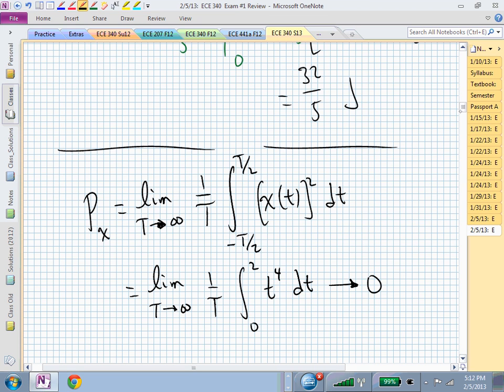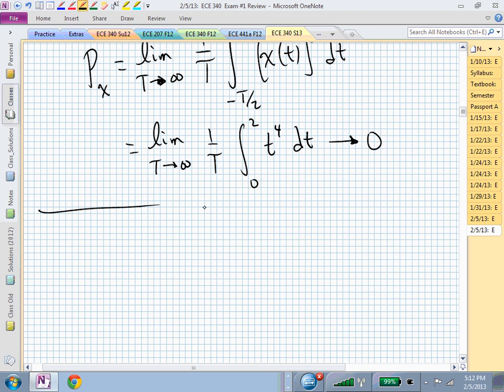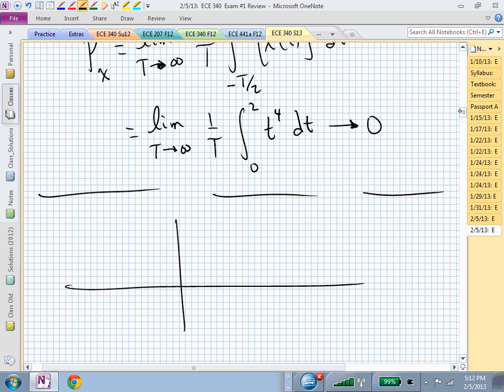So a power signal could be as simple as some sine or cosine that's infinite in extent or in duration. This could be a power signal. Let's say y of t is now a power signal.